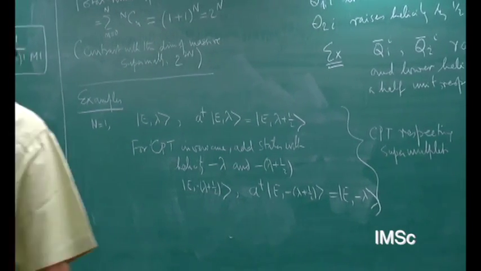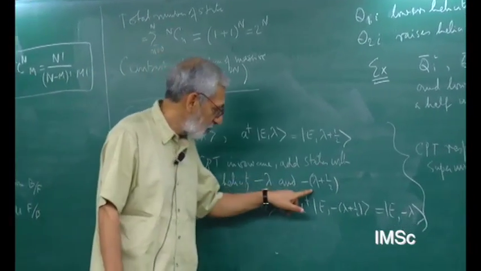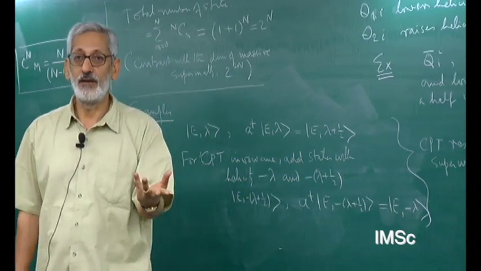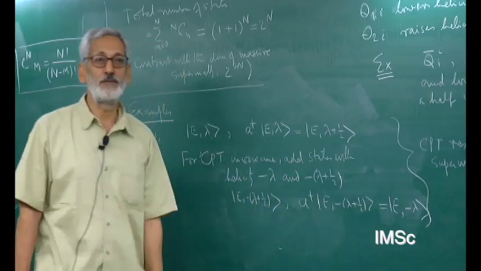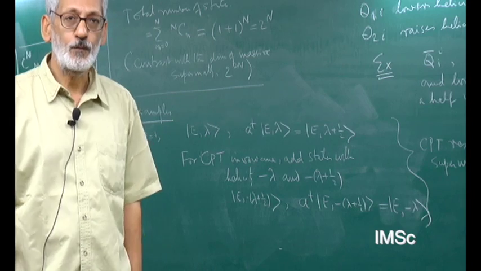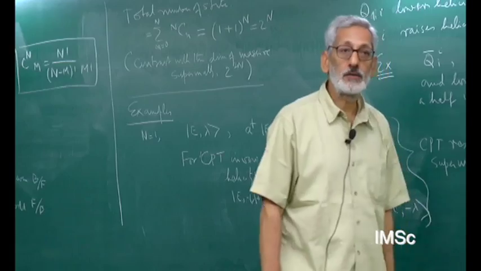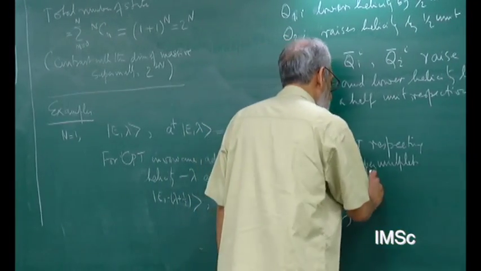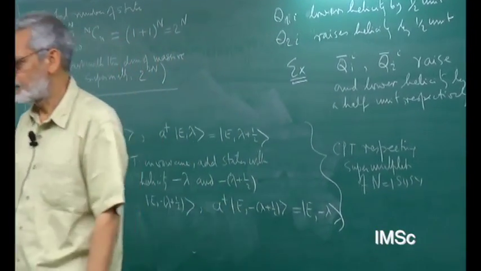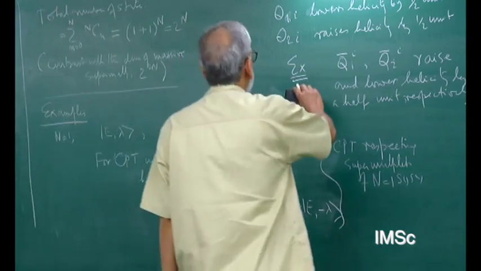So I need particles with helicity minus lambda, which would be an antiparticle of this, and minus lambda plus half, which would be an antiparticle of this. But these themselves must make a supermultiplet. How do I construct that? This is the way to construct it. So they make a CPT respecting supermultiplet of n equal to 1. Now let's specialize further.